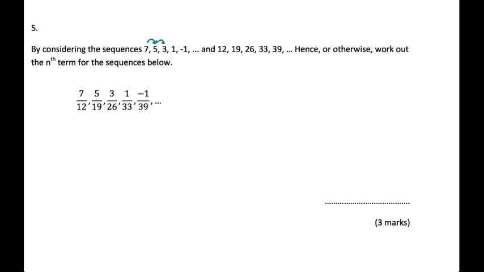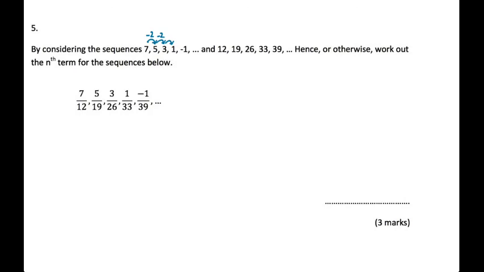Next question. Now this is a classic lower remove question. You have two linear sequences and then they end up being a sequence of fractions. Okay, so let's look at the linear sequences that we were asked to consider.